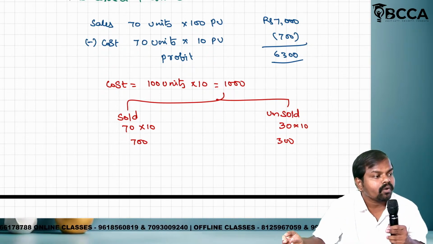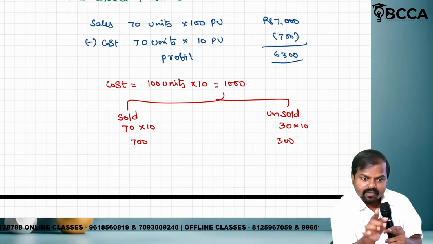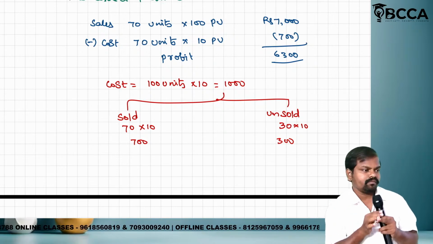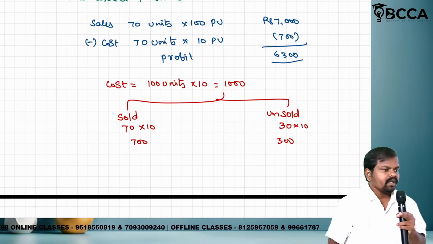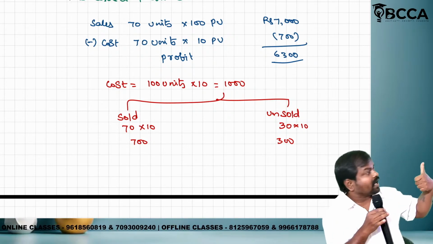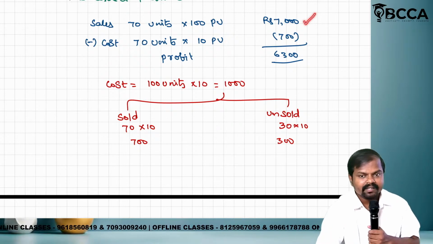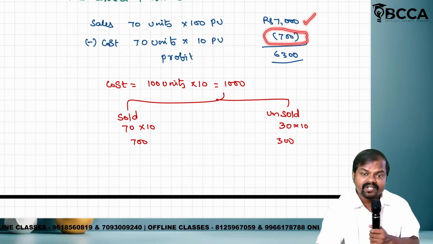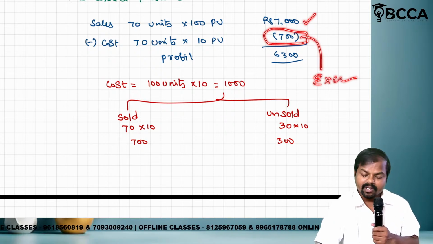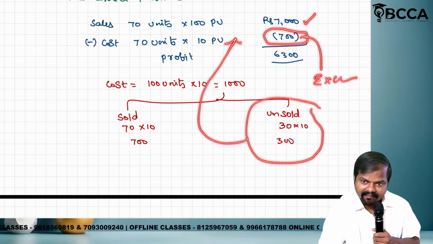Answer is no. Expired cost means cost which is charged against current year revenue. Whatever cost is adjusted in the current year revenue. What is the current year revenue? 7,000. How much amount did you adjust? 700. This cost is called expired cost. This 300, is it adjusted towards current year revenue?